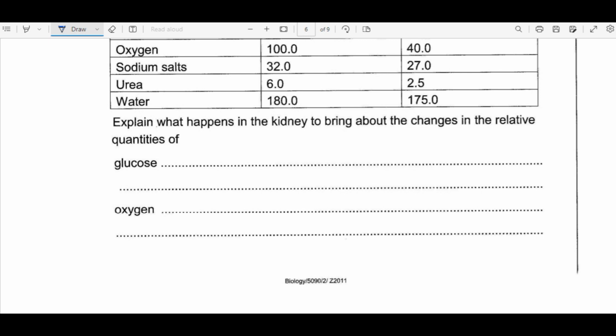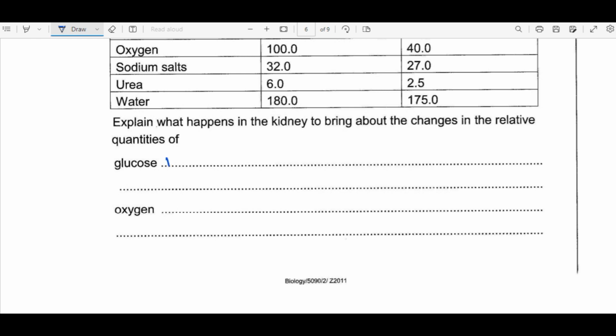Because as the blood is coming, it carries a lot of glucose. Then a certain amount of glucose must be used by the cells that form the kidney. Why? For the kidney to do the work of excretion, the cells must have energy.